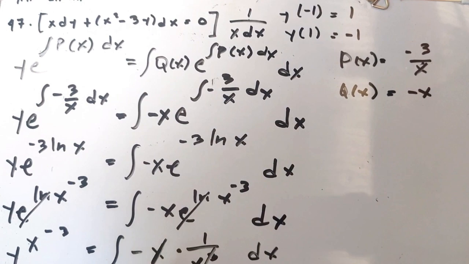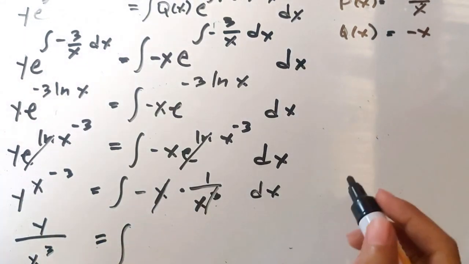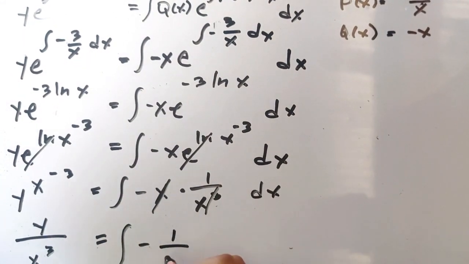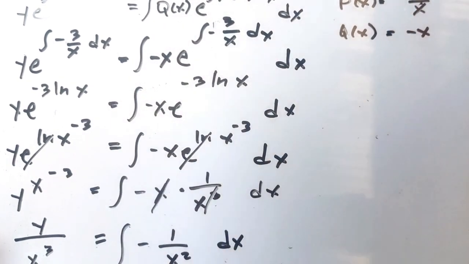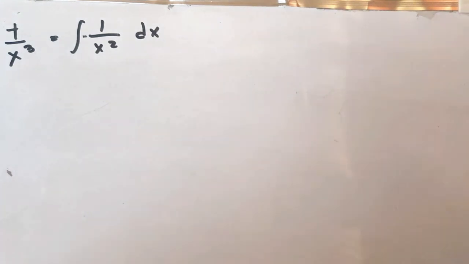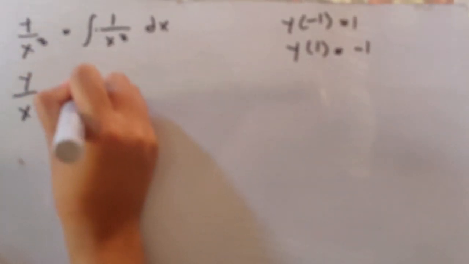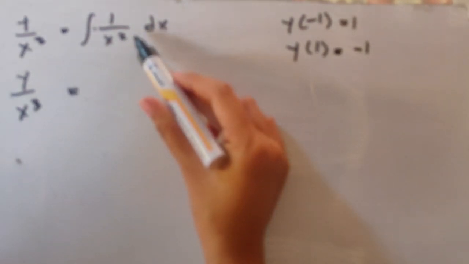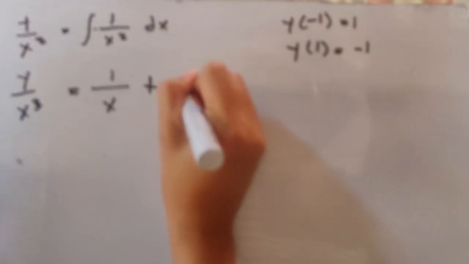So y is equal now to x cubed times the integral of negative 1 over x squared dx. The integral of negative 1 over x squared is 1 over x plus c.